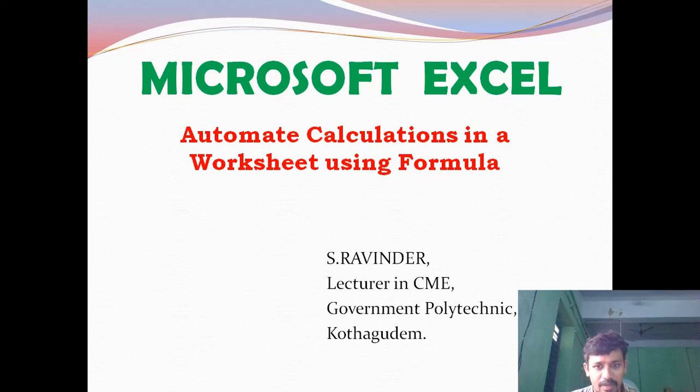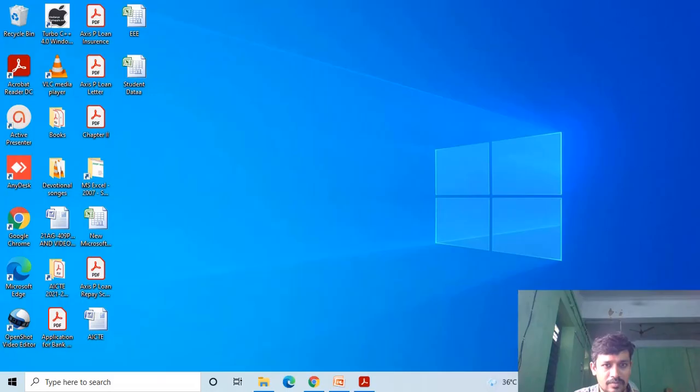Hi, in this video we will learn to automate calculations in a worksheet using formulas. The main aim of MS Excel is to automate the calculations and do the work very fast without any errors.